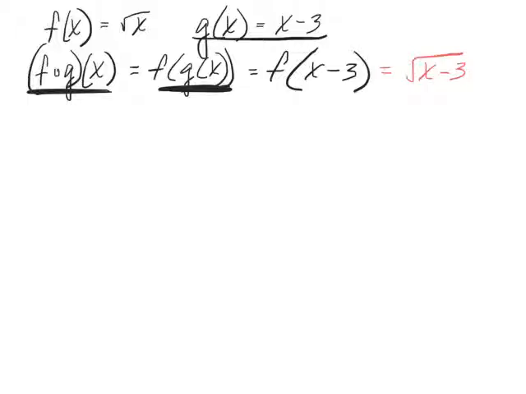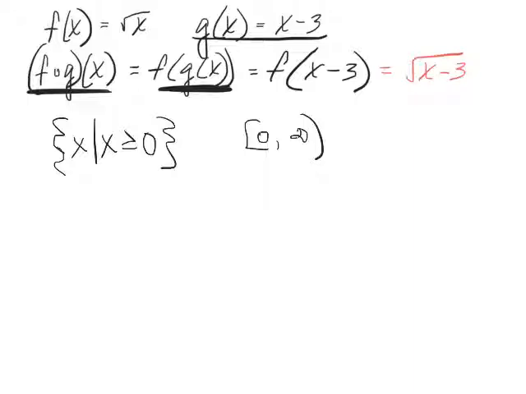So the domain of f has to be the set of all x such that x is greater than or equal to 0. x cannot be a negative number because it'll give you a negative radical. Or the interval 0, infinity. Okay, 0 and all positive numbers.